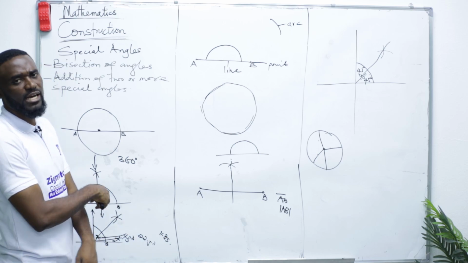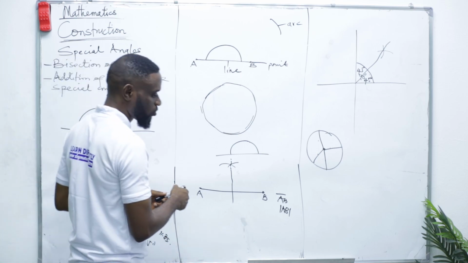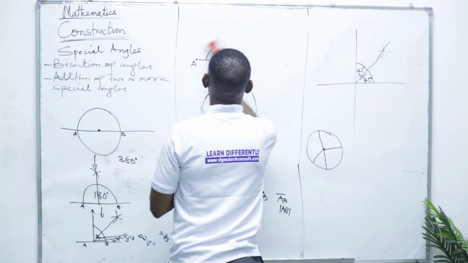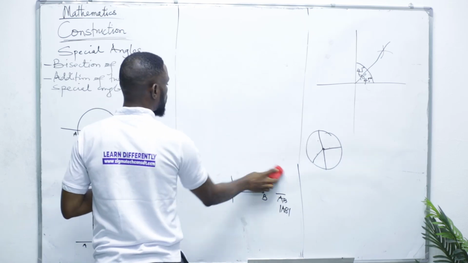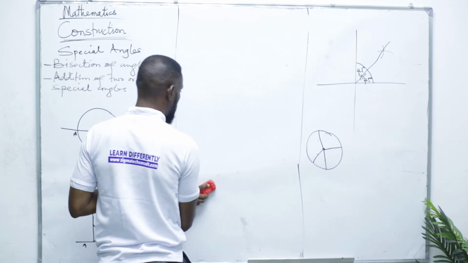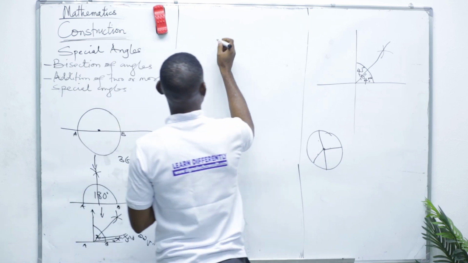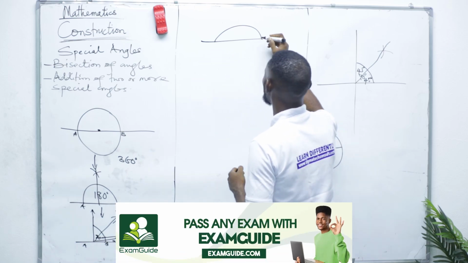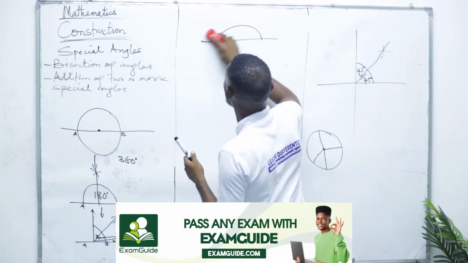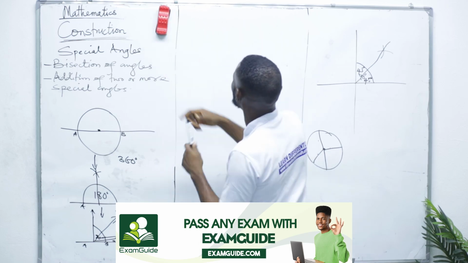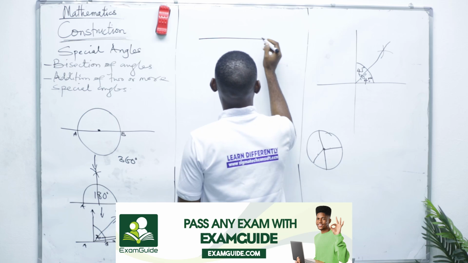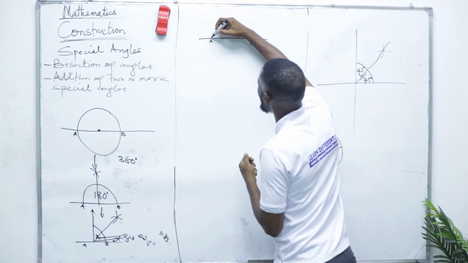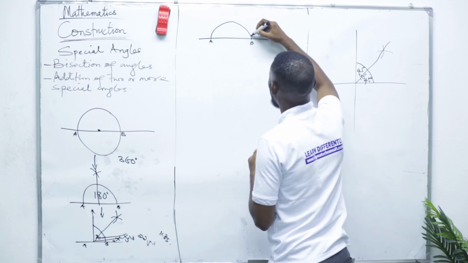Then we also have, from that 180, if this is your line, and let's say this is your point A, and this is your point B, and you make a semicircular arc.